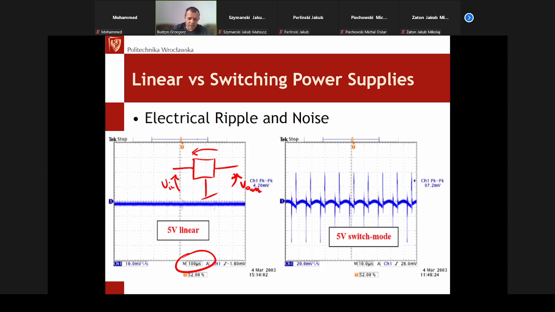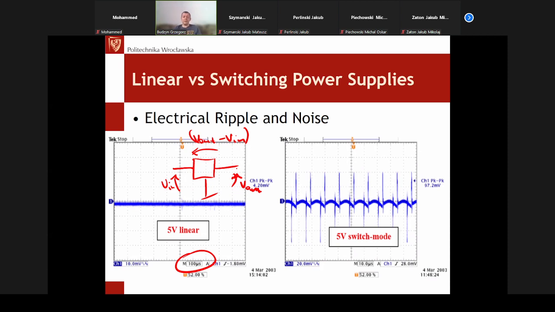So the voltage difference, V in minus V out, the whole voltage difference will be visible on the regulator. And if we have a certain current flowing, the power loss will of course depend on the current and on this very large voltage difference, meaning that the power dissipation, the power loss of the regulator, will be pretty high.